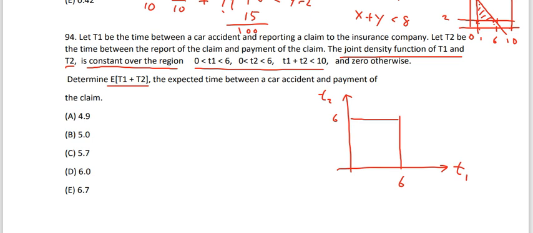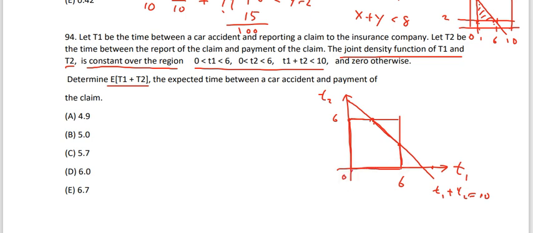Also T1 plus T2 is less than 10, so take the line T1 plus T2 equals 10. So this region is this.